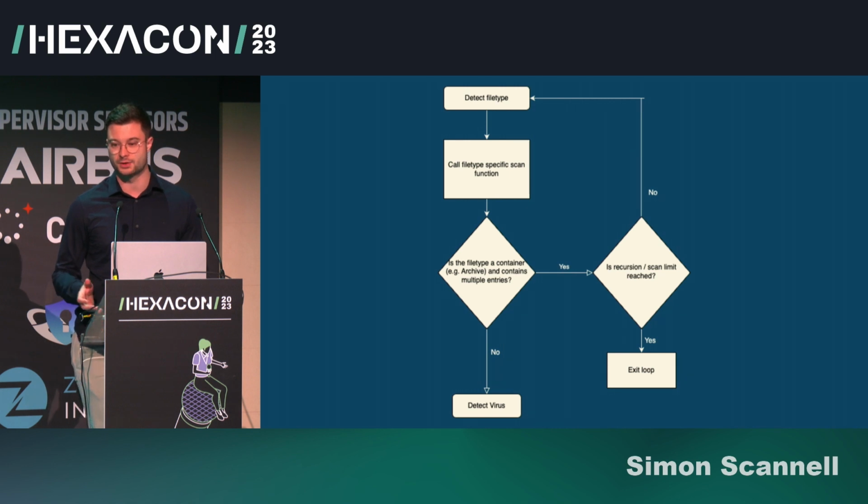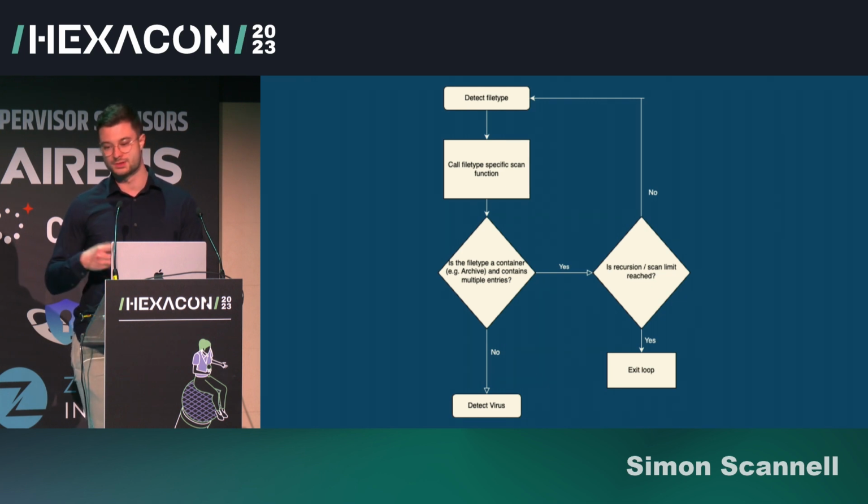This diagram is basically exactly what I've just been talking about, where the file type is detected first, and then it internally executes a giant switch statement for all of the different file formats that it supports. And there are about 50 of them at least. If the file type is a container, so again, it could be an archive, or for example, GPT is considered a container, in that case it will scan all of the partitions inside of the GPT partition table.